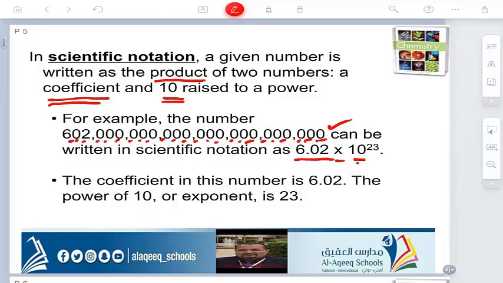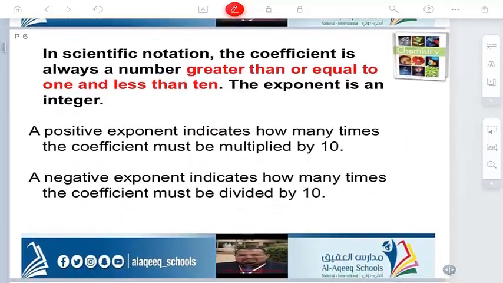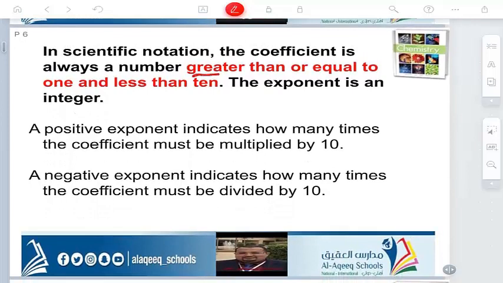So 10 to the power of 23. The coefficient is the number 6.02, and the 10 to the power of 23 is the exponent, 23. You have to make the number greater than or equal to 1 and less than 10, or you can say between 1 and 10.